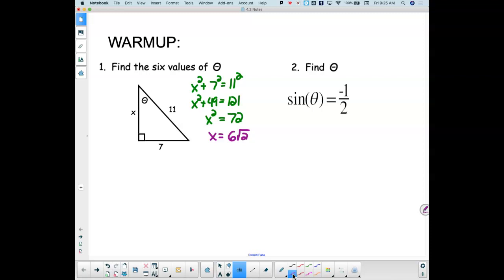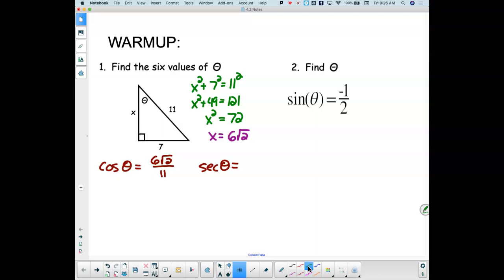Okay? So then that's going to allow us to do our wonderful, let's start with cosine. Cosine of theta, that's adjacent over hypotenuse, right? So that's going to be 6 square roots of 2 over 11. Right? Now, when I flip that over to get my secant, I would normally have 11 over 6 square roots of 2, right?